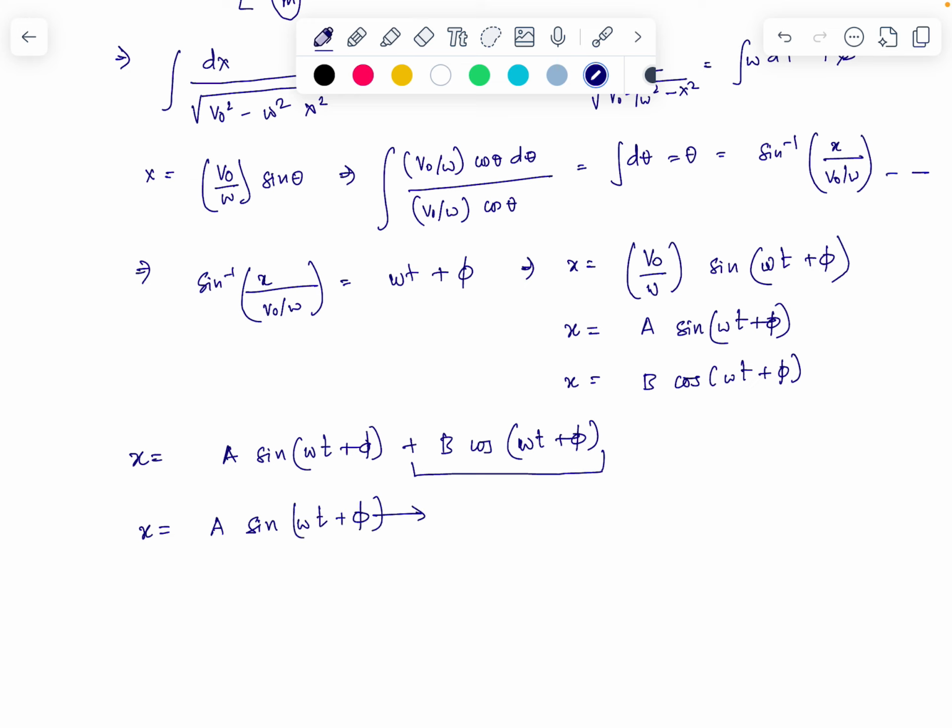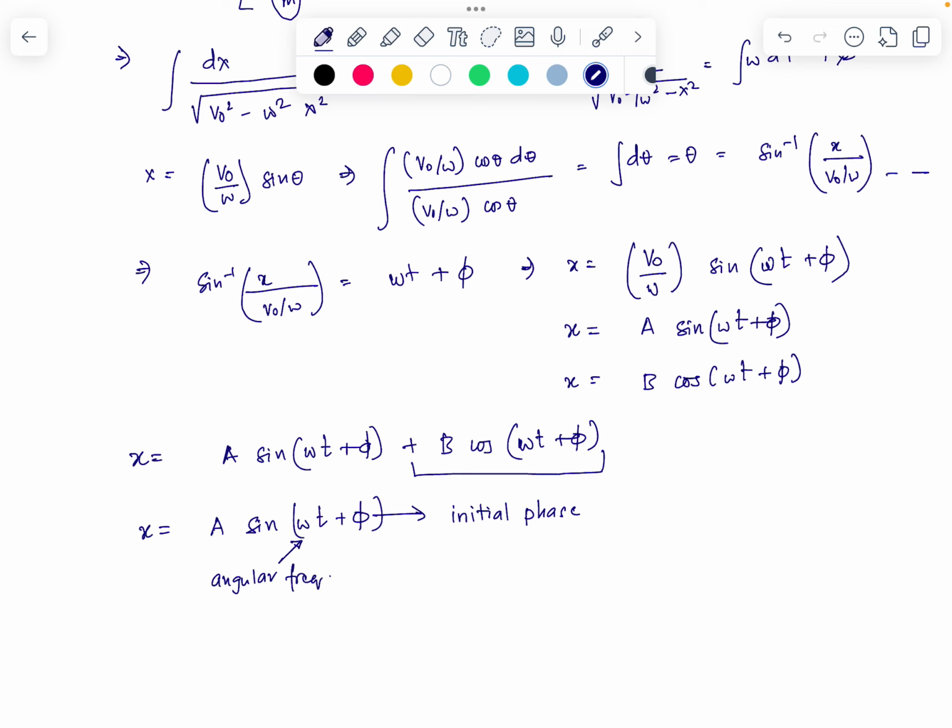Here phi is called the initial phase, and omega is the angular velocity, or the angular frequency rather.